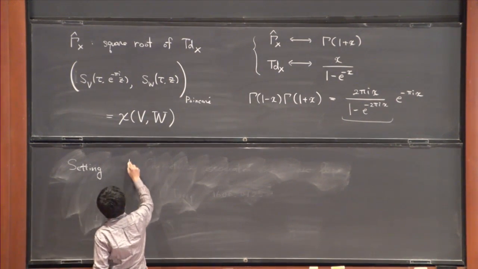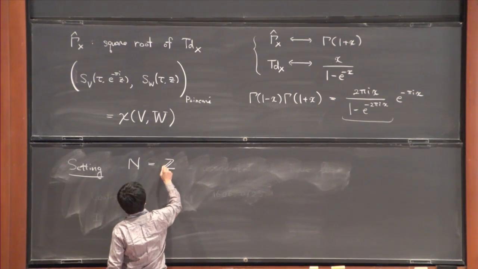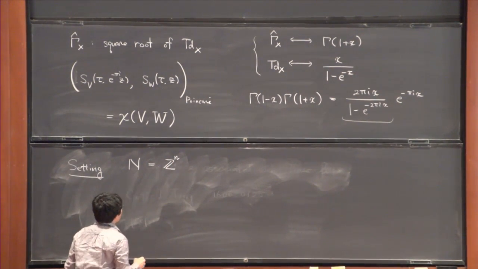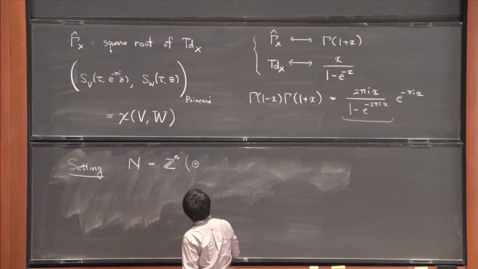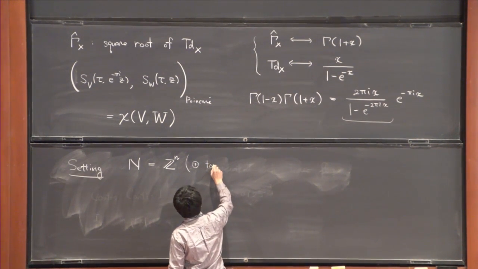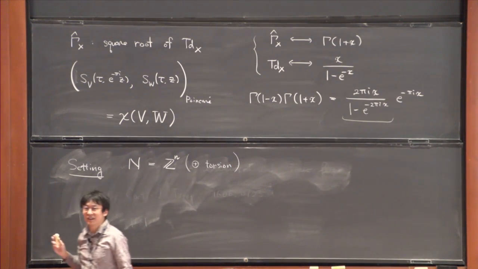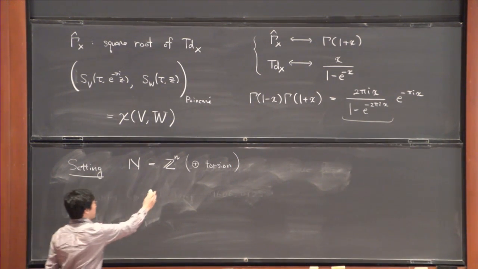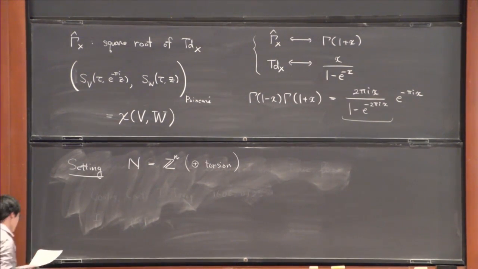The general setting is that N is Z^n, or possibly, because I'm considering toric Deligne-Mumford stacks, with some torsion group, but for clarity of exposition I won't think about this part and just consider N to be a free module.